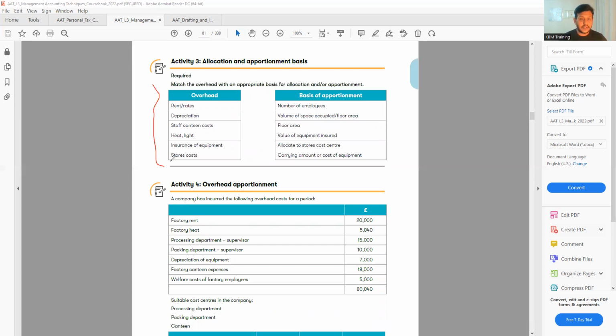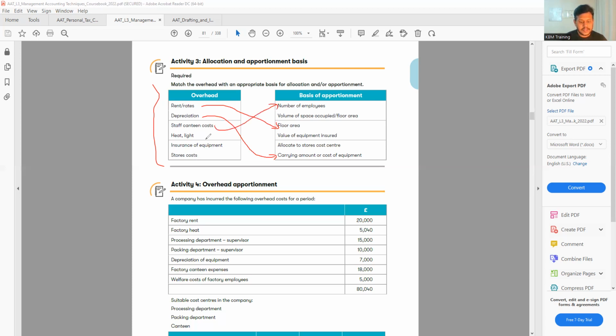The first one, we have rent and rates. For the rent and rates, we're going to use our floor area. Then you have depreciation. For the depreciation, we're going to use the net book value or the carrying value of the equipment. Then you have a staff canteen cost, number of employees.